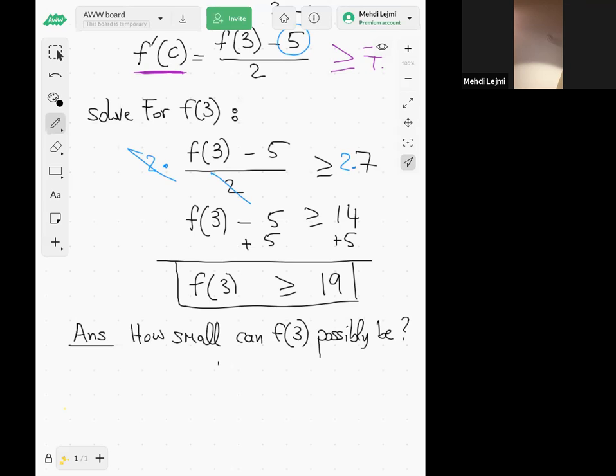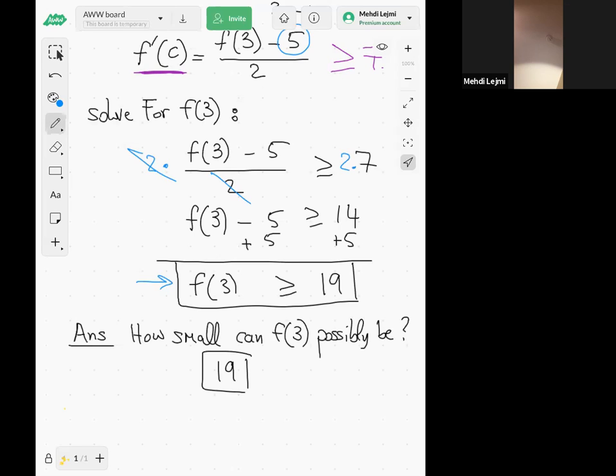Well, the answer would be 19, right? Because f of 3 has to be larger or equal to 19. So 19 would be the lower bound for f of 3. That's the smallest value that f of 3 can be, right? That's the 19.